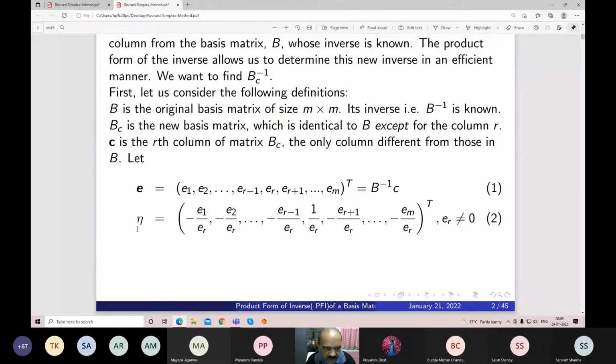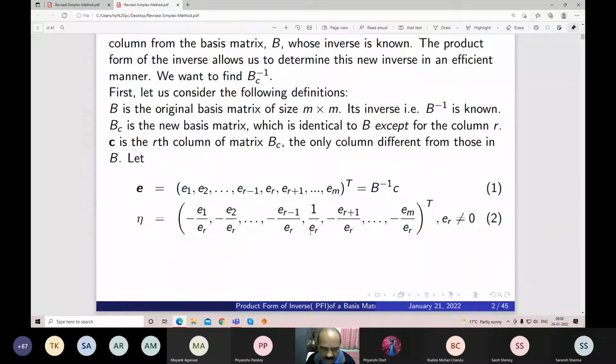This eta is defined as a column vector: minus E1 divided by Er, minus E2 divided by Er, and so on, up to minus E(r-1) divided by Er.